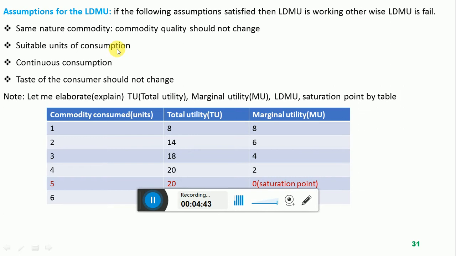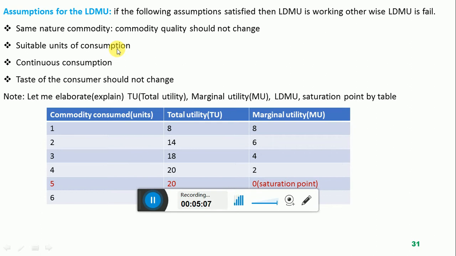But if the consumer is using a spoon to drink water, a spoon is not a suitable unit for drinking water. So it is possible that the first spoon provides less utility, the second spoon provides more utility than the first, the third spoon provides more utility than the second, and so on. So the law fails. Every next unit is providing more utility.